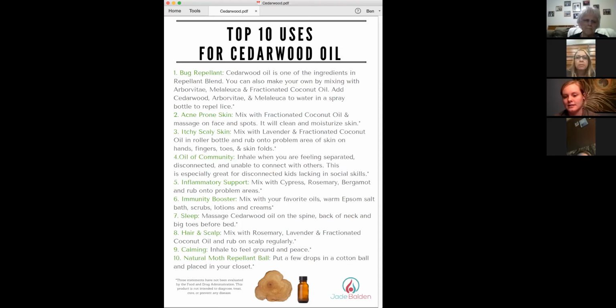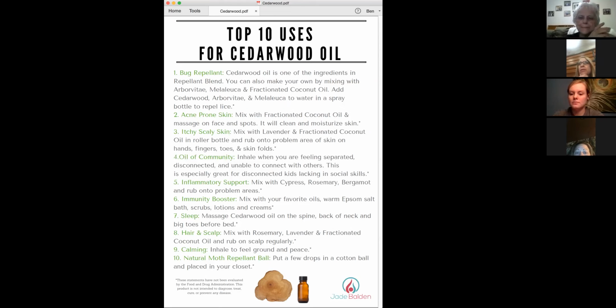I like using the cedarwood oil for itchy, scaly skin and any sort of skin concerns too. If you think about it, it moisturizes and it kills bugs. Sometimes when people have a skin condition, it's usually from some environmental threat, and this helps cleanse it, moisturizes it, and helps the tissues come together.